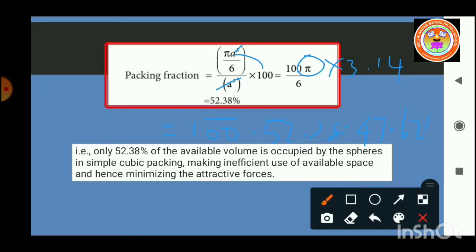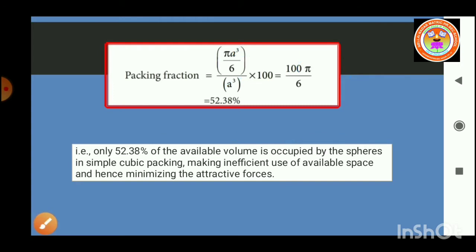This is an important 1 mark question. The vacant space in SC unit cell is 47.62%. Now clear? Packing efficiency in simple cubic.